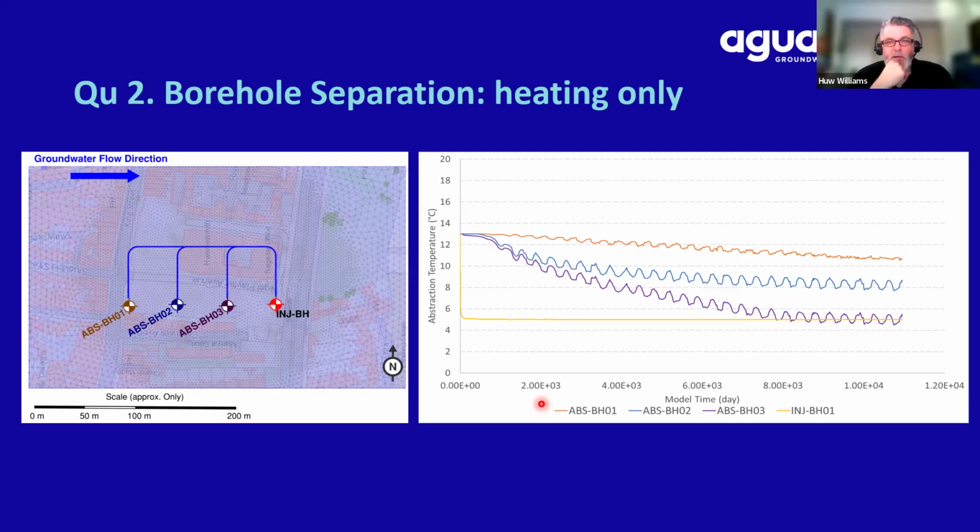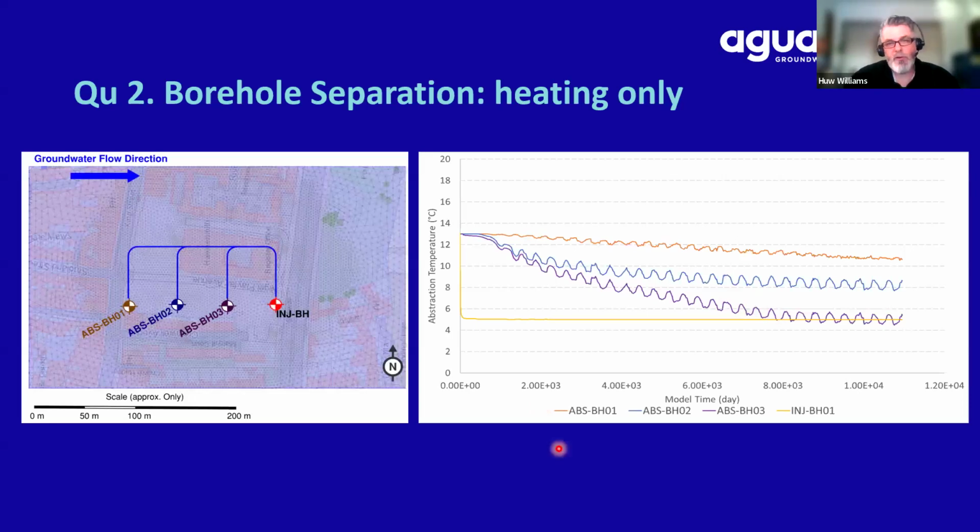I've added a little bit of seasonality to the injection flow rate, even though the temperature is always 5 degrees C. The flow rate, because it's heating only, goes up a little bit in winter, down a bit in summer, so that you can see annual cycles and what that does.